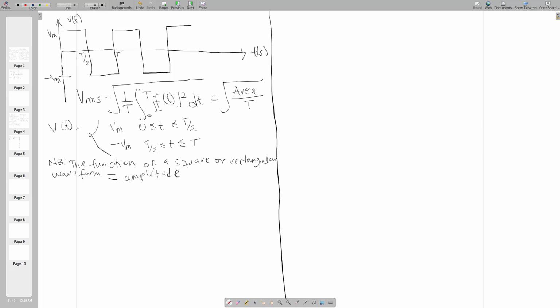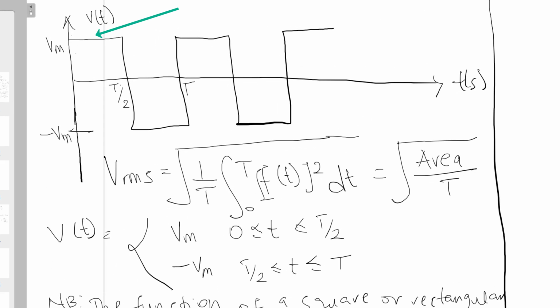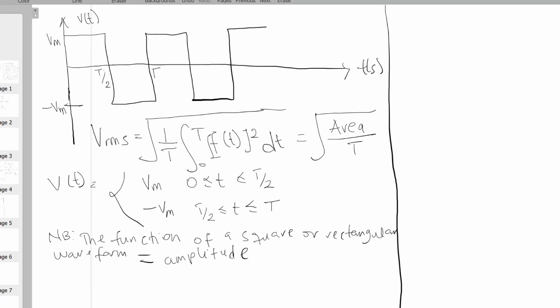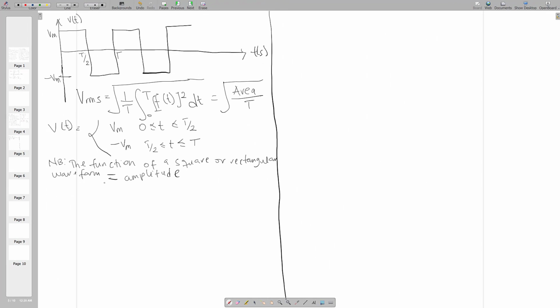In this case, the amplitude for the positive square is Vm, so you can see that the function I wrote is Vm ranging from 0 to T on 2. And for the negative square, the function is negative Vm, ranging from T on 2 to T. So I'm repeating that the function of a square or rectangular waveform is always equal to the amplitude.